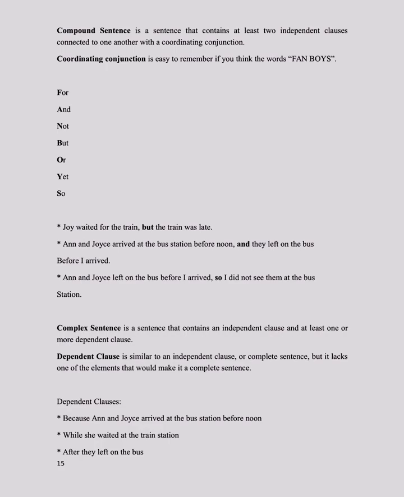A complex sentence is a sentence that contains an independent clause and at least one dependent clause. A dependent clause is similar to an independent clause or complete sentence, but it lacks one of the elements that would make it a complete sentence. Dependent clauses: because Anne and Joyce arrived at the bus station before noon; while she waited at the train station; after they left on the bus.